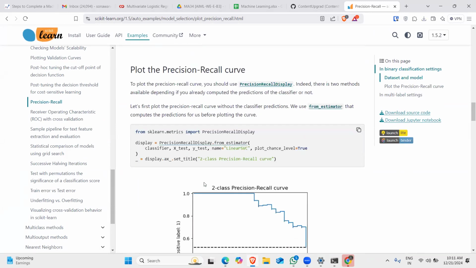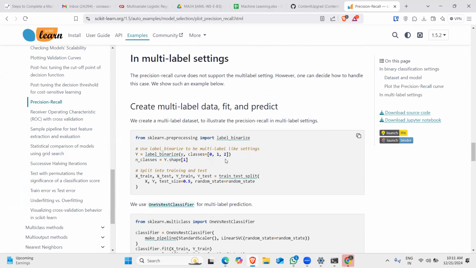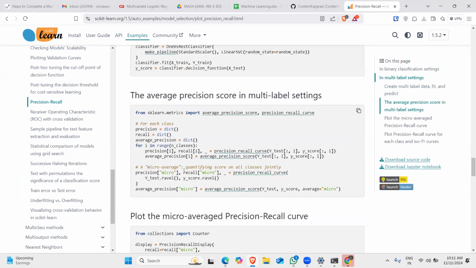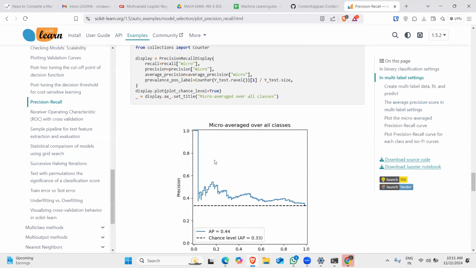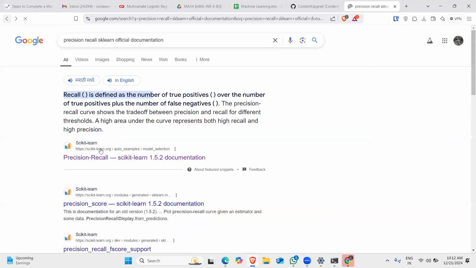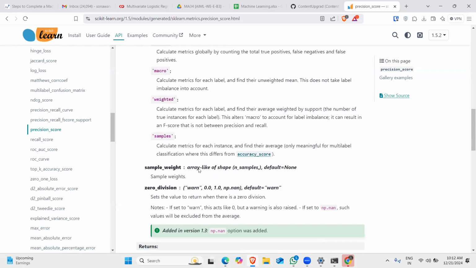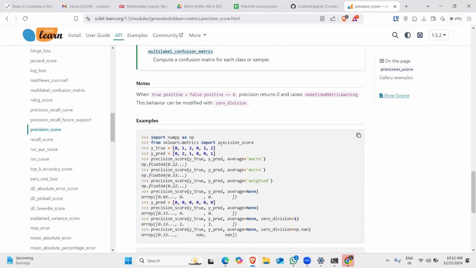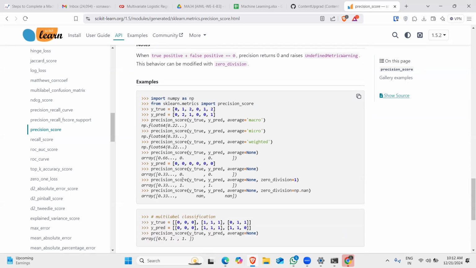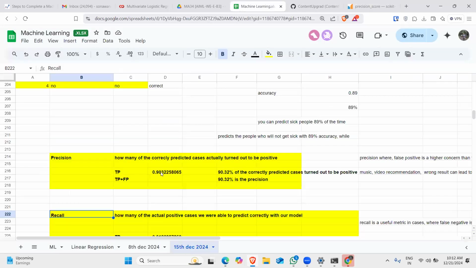We don't need to go about this micro level calculation. Precision score, yeah. This one. So we'll import from sklearn.metrics, we'll import precision score. We'll find precision score between y true, y actual and y pred, and you'll get the precision score. Suppose you want to calculate recall, so you'll import recall package and you'll calculate that.